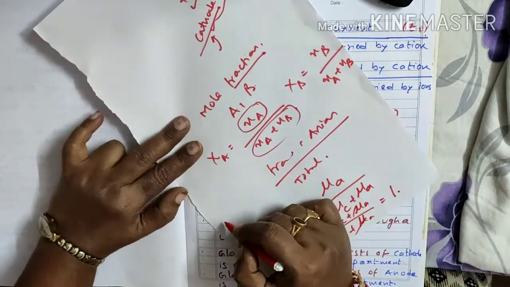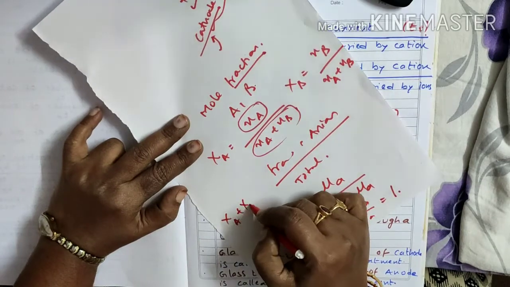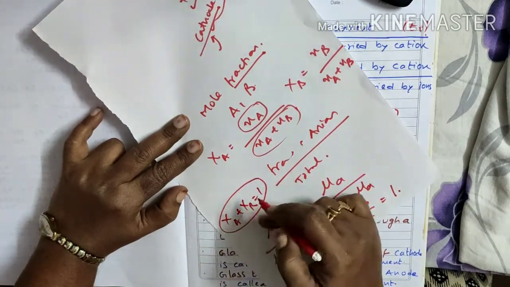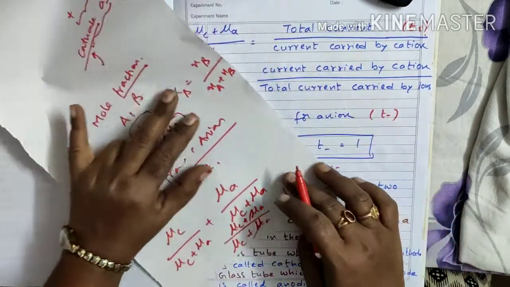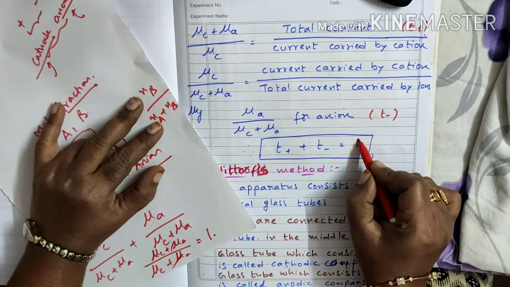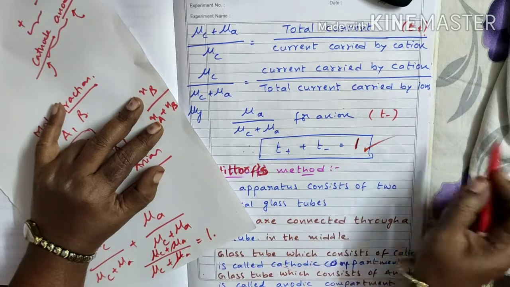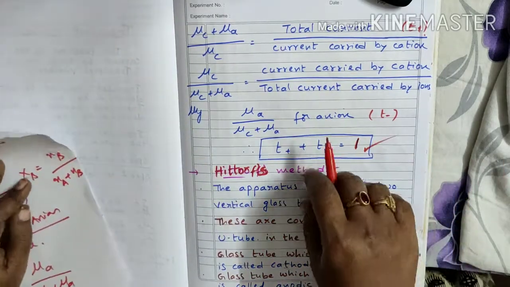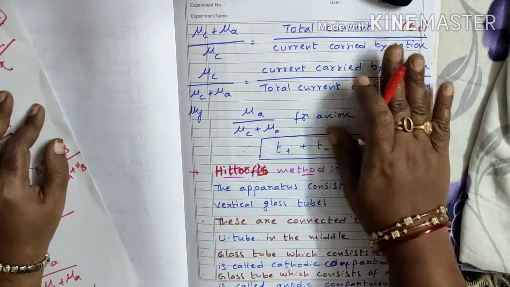Just like chi A plus chi B is equal to 1 in a solution, which you already learned, T plus plus T minus is always equal to 1. So that is about transport number.